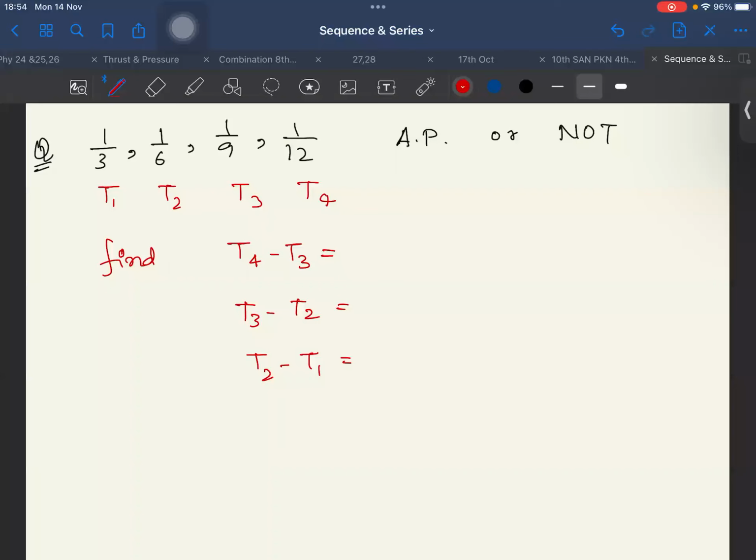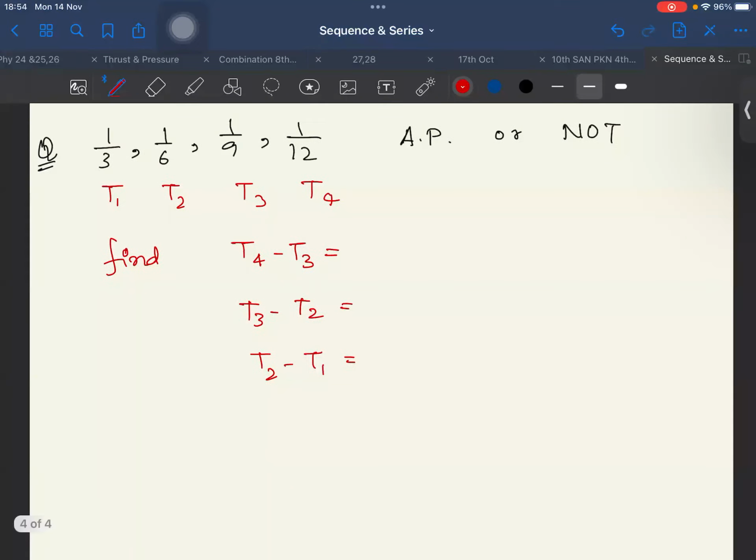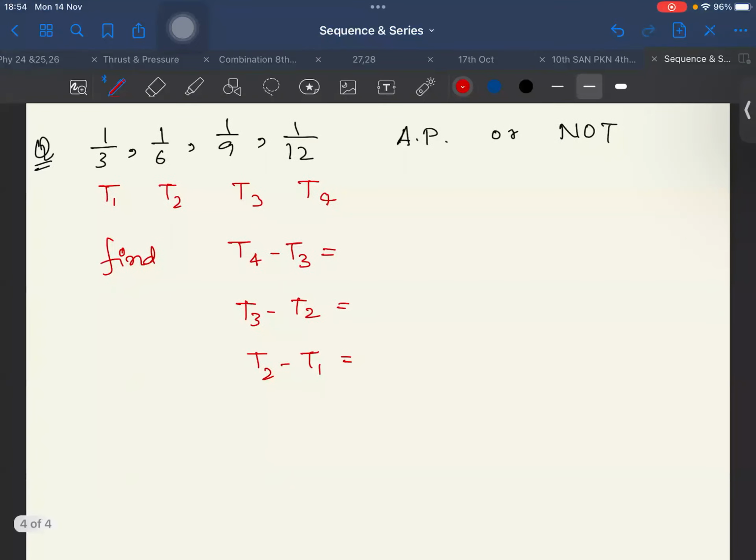Wait. First T2 minus T1, who said? Shreya, sir. Okay, Shreya, tell me. Minus 1 by 6. Minus 1 by 6? Yes, sir. Okay.